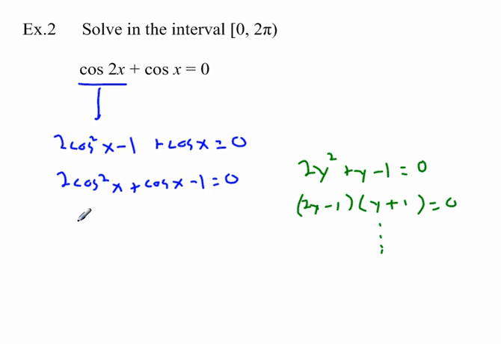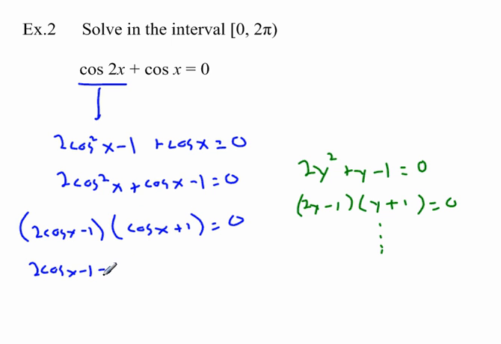Let's try to factor what's on the left the same way. That's going to give us 2 cosine of x minus 1 times the cosine of x plus 1 equals 0. And once this is factored, we can set both parts equal to 0 and then solve for cosine of x. Do the same thing over here.